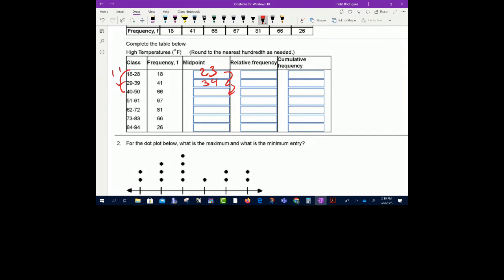So if this one is 23 and the next one is 34, what do you think the next one's going to be, y'all? If we keep adding 11, what, 43? If we add 11 again, wouldn't that be 54? Another 11 would be 65, then 76. Anybody know on the last one?